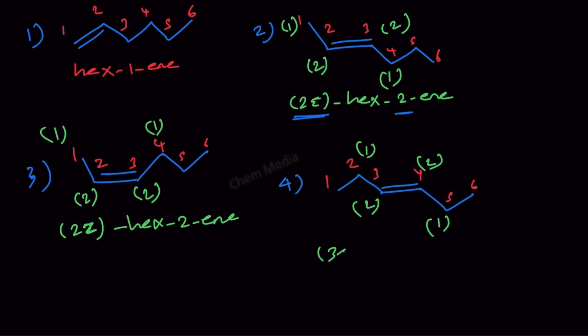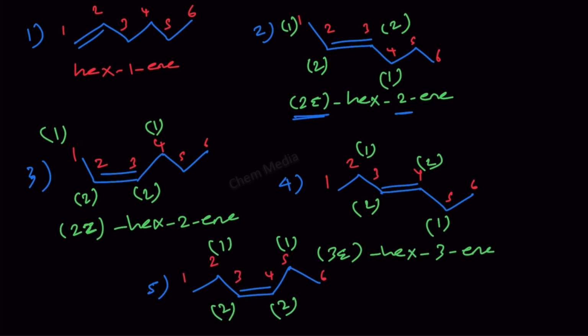Therefore, this is (3E)-hex-3-ene. And then number 5, the Z isomer of this, that is 1, 2, 3, 4 and then the carbon-carbon double bond between 3 and 4 and then 5 and then 6. So this one is (3Z)-hex-3-ene.